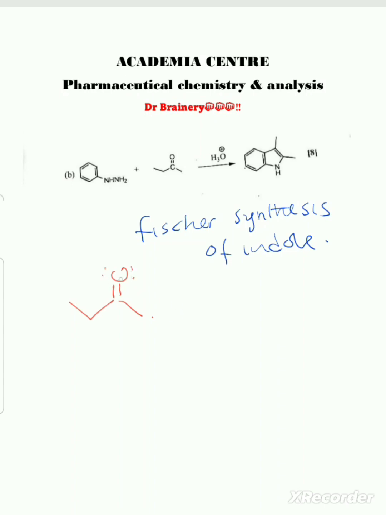This ketone, the oxygen has got lone pairs of electrons. So I'm going to bring this acid like this, and these electrons will come and grab this hydrogen, the bond will break, and the electrons will go toward the oxygen. If you want, you can show it like this; it's the same thing.